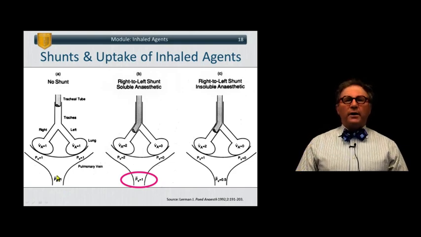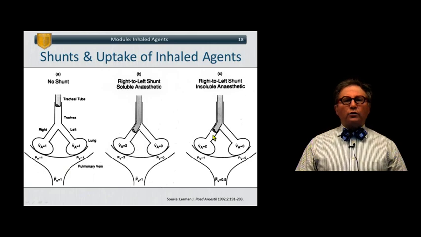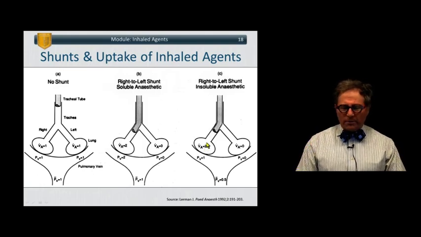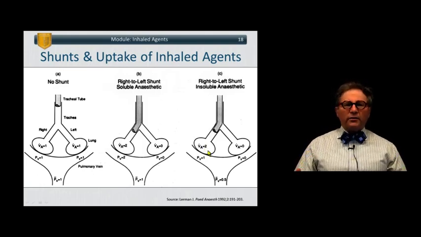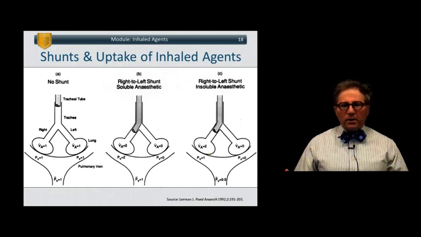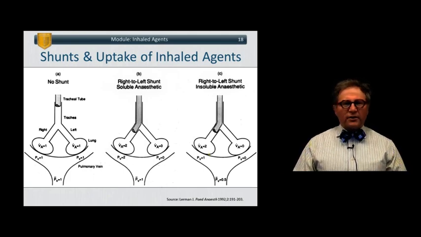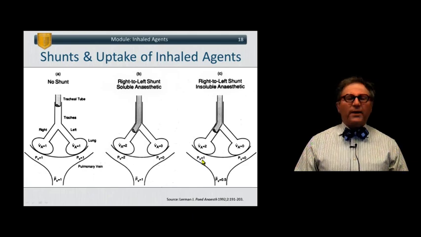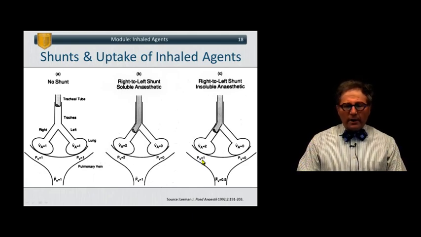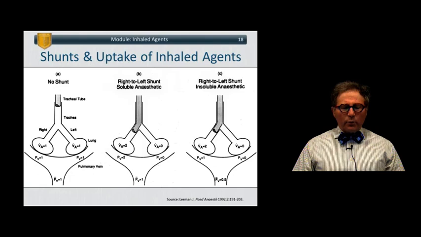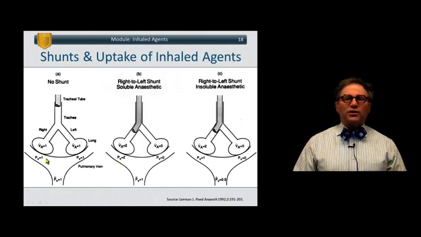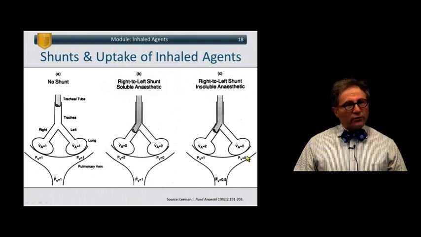But what happens if we use an insoluble agent with that tube in the bronchus? We double the ventilation to that lung, no question about it. But because ventilation has a minimal effect on the wash-in of an inhaled agent that's insoluble, we don't really achieve any more in that pulmonary venous drainage than when we had the tube originally in the trachea. And the other side has no ventilation, which means the venous content is 0.